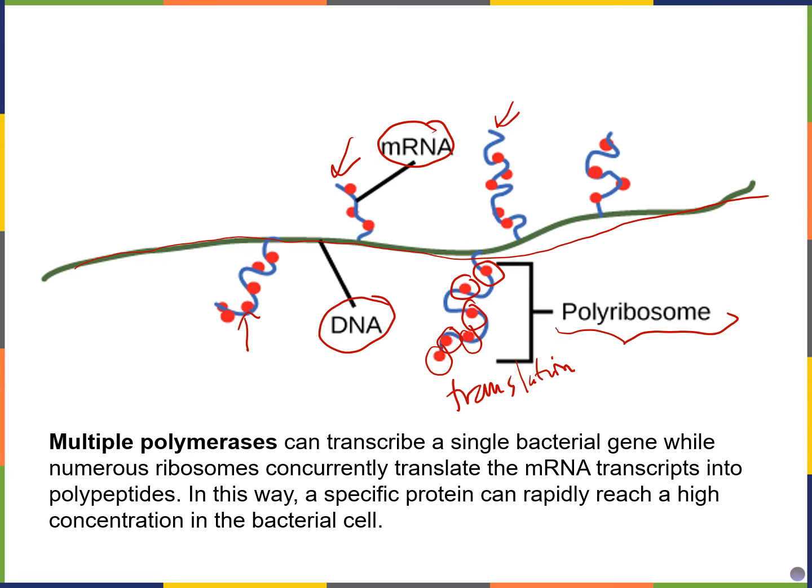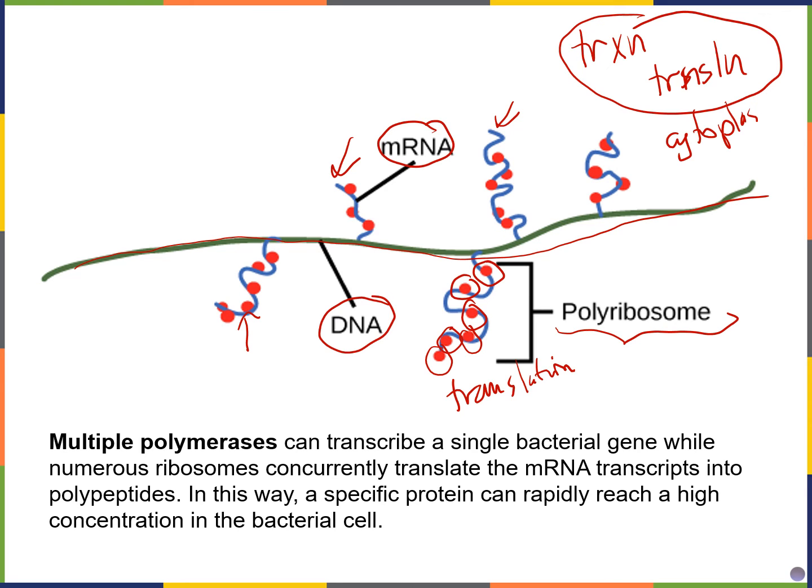So really the take-home message of this picture is that in bacteria or other prokaryotes like archaea, we can have transcription and translation happening at the same time. Everything's happening in the cytoplasm. And this will not be true in eukaryotes because we have a nucleus.